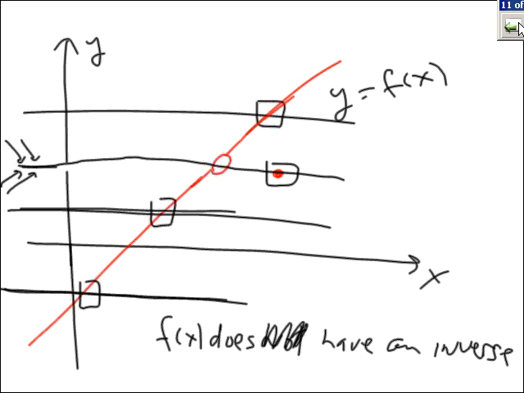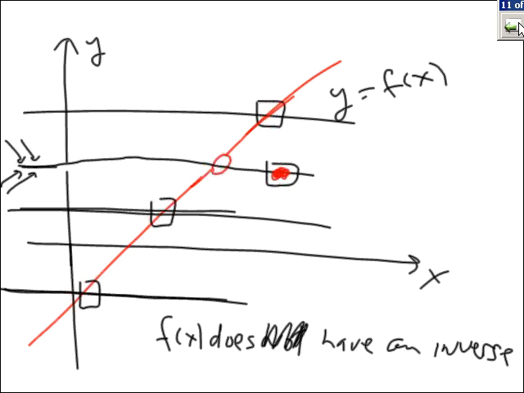Of course, if I went and put another point right there and did not remove this point, it would not be a function. If any horizontal line crosses the graph in more than one place, it is not a function. I keep saying function, I mean to say it doesn't have an inverse.